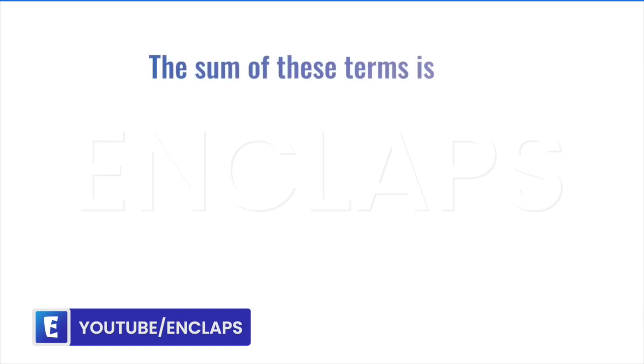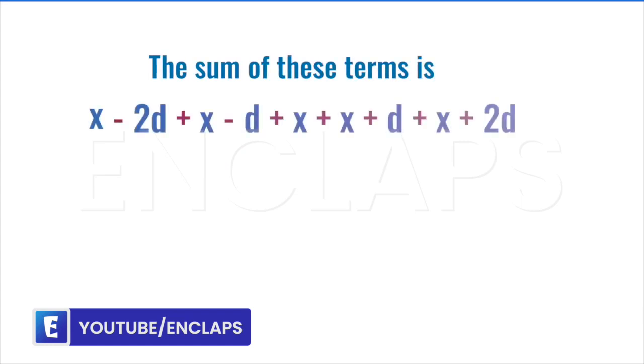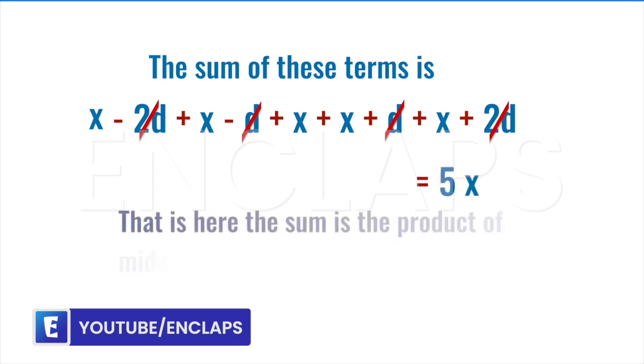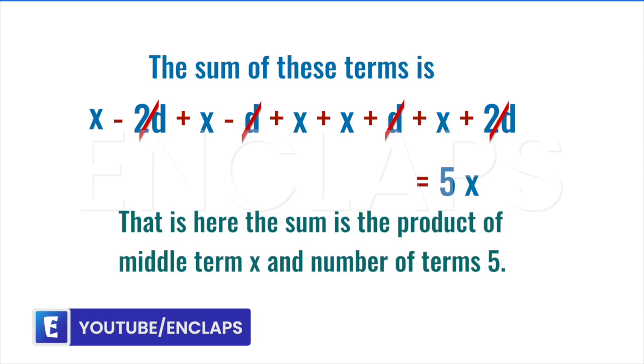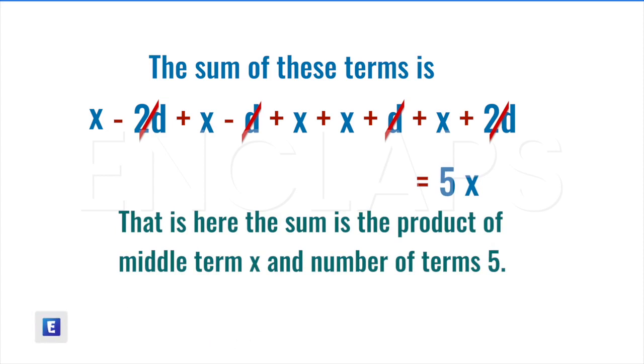The sum of these terms can be written as x minus 2d plus x minus d plus x plus x plus d plus x plus 2d. Here minus d and plus d, and minus 2d and plus 2d will cancel out each other, then the sum will be 5x. That is, here the sum is the product of the middle term x and the number of terms 5.